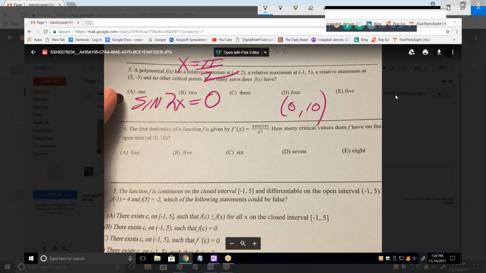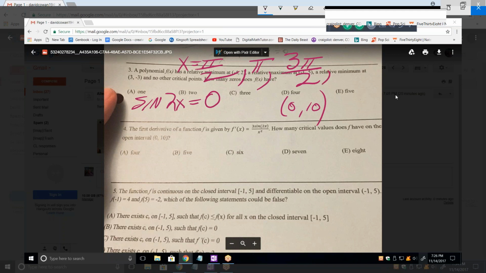And if x were pi, that's another 0. Would it be 3 pi over 2? Yep. 3 pi over 2, which is still less than 10.